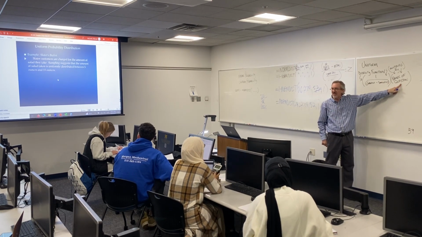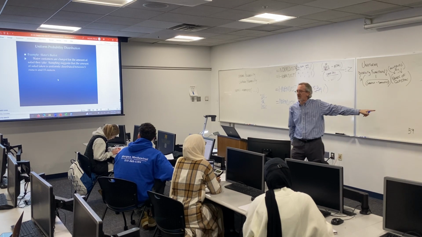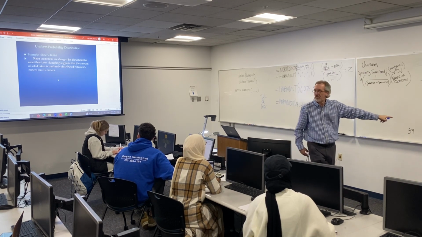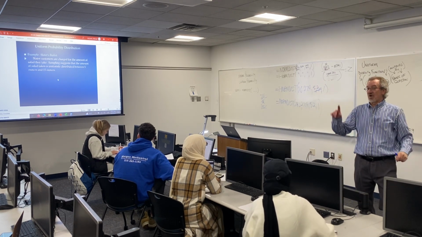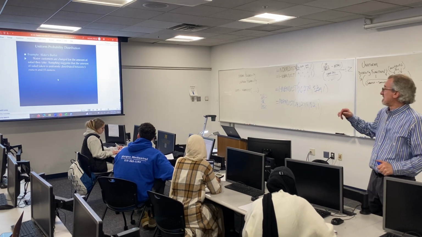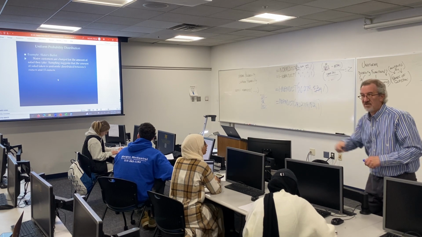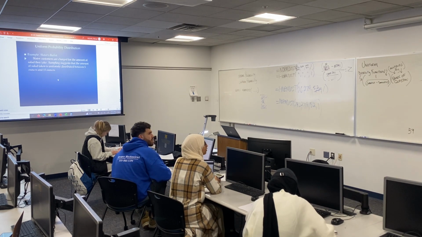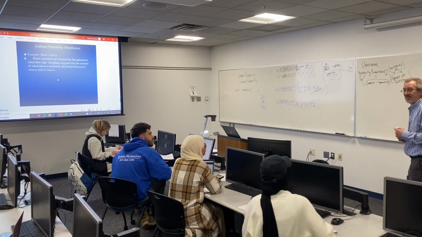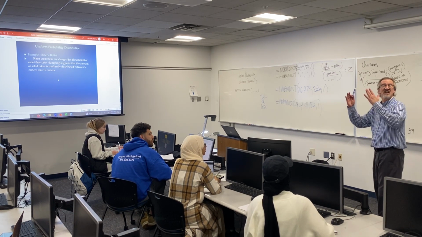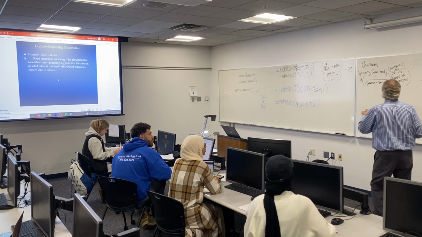The question says 7 ounces or less. It's not 7 minus 15, and it's not 7 minus 0. What's the lowest number in our uniform distribution? 7 minus 5. There it is.